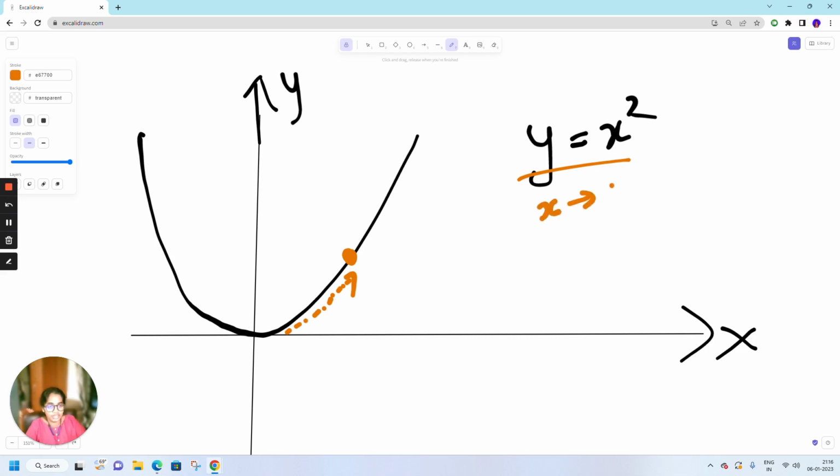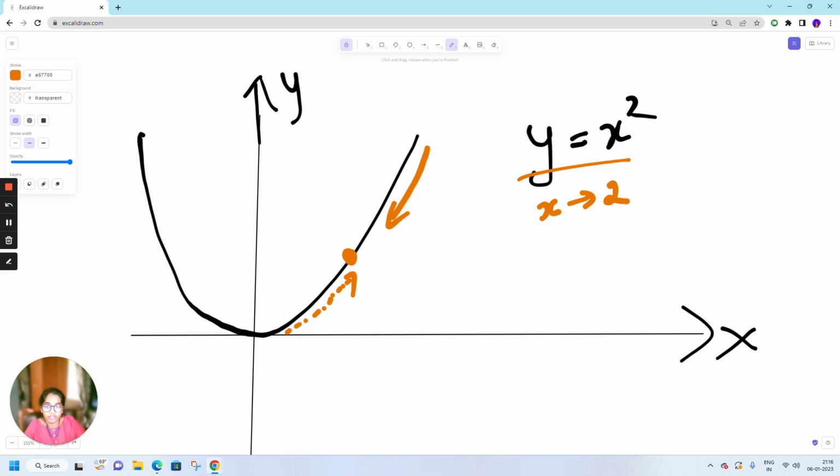We represent it like this. We even saw what happens when we take x as 1.9, 1.99 and values greater than 2, which would represent your RHL, 2.1, 2.2, and we observed that we got 4 itself.